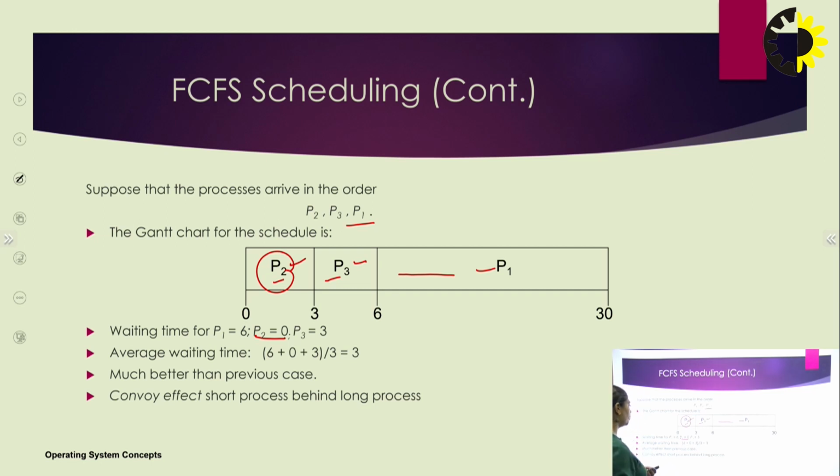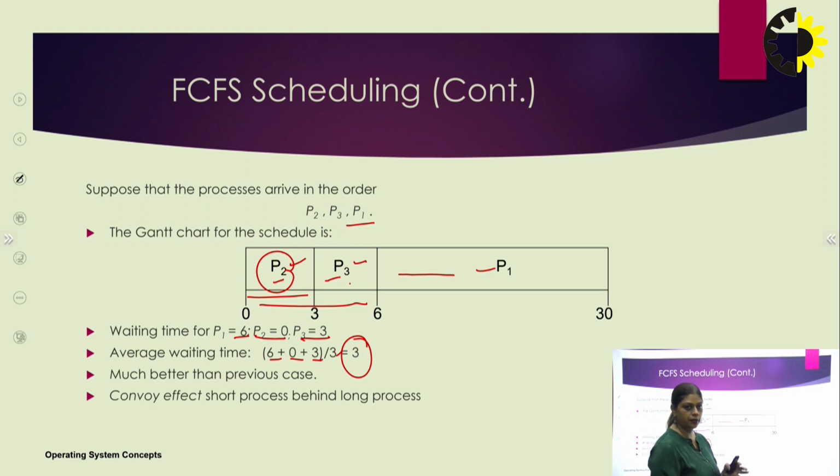P3 has to wait 3 units of time, and P1 has to wait 6 units of time. Now, the average waiting time is 6 plus 0 plus 3 divided by 3, we got only 3. In the first case, when it was P1, P2, P3, we got an average waiting time of 17, which is much larger than this 3. So, this is much better than the previous case.